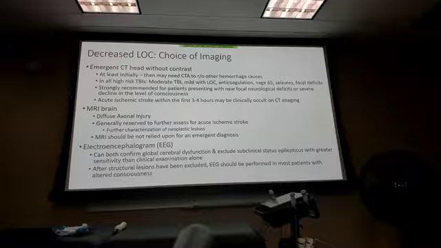And then EEGs, so electroencephalograms. These are for somebody where we want to confirm global cerebral dysfunction. We need to exclude status epilepticus. Basically, if they have a subclinical seizure, we need to do the EEG to rule that out.